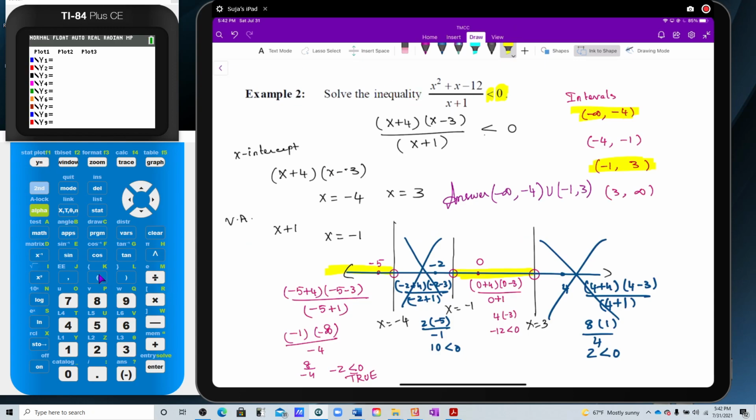So let me put this in. I'm going to write the original one: (x squared plus x minus 12) divided by (x plus 1). Keeping the standard viewing window, I'm going to hit graph.